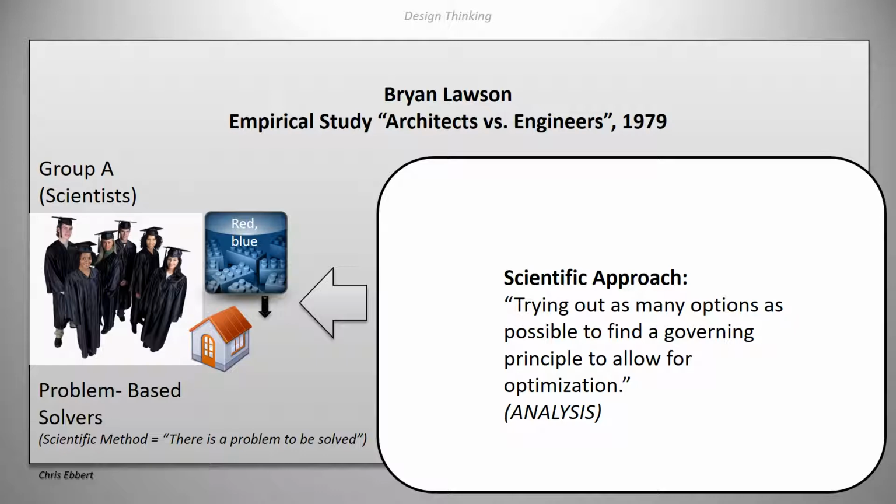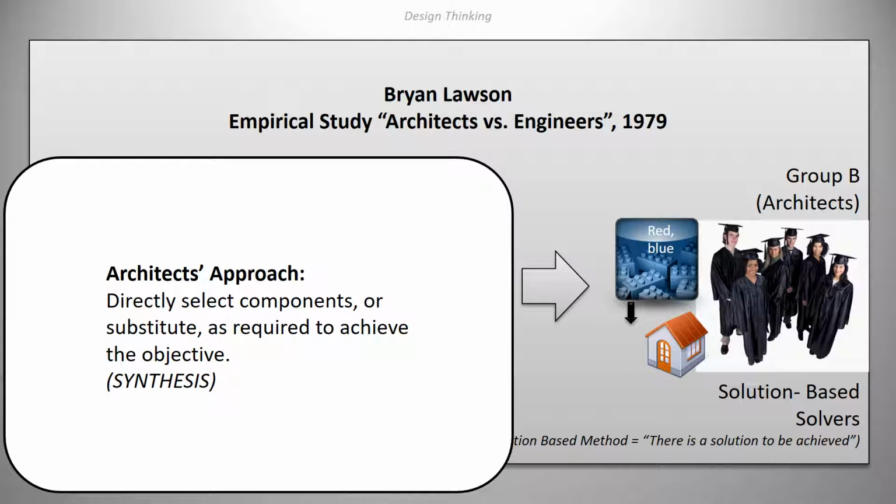The scientists went at it scientifically, which means they tried out as many different options as possible to find the governing principle which allowed them an optimized house-building process. Whereas the architects directly selected the components that allowed them to achieve the objective directly. So there's the difference.